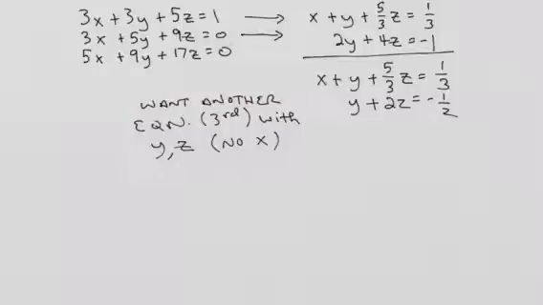Oy, oy, oy. We'll see what happens. I'm going to multiply the top equation by 5, and I'm going to get 15x plus 15y plus 25z equals 5. And I'm going to multiply the third equation by 3 and get negative 15x minus 27y.